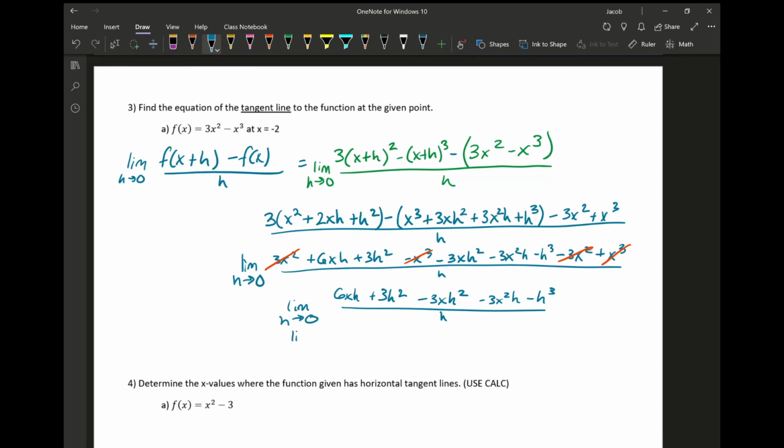So what's left over is 6x plus 3h minus 3xh minus 3x squared minus h squared. And then as h goes to 0, everything that has an h in it will be 0. Lovely. So we get this nice 6x minus 3x squared answer.